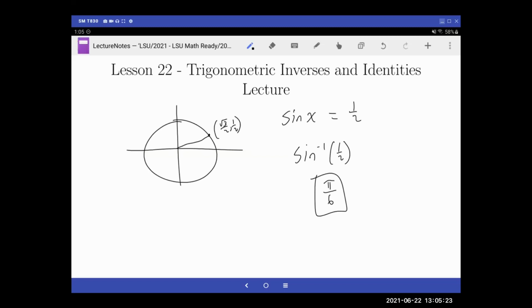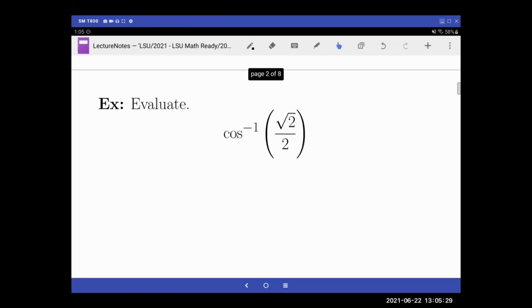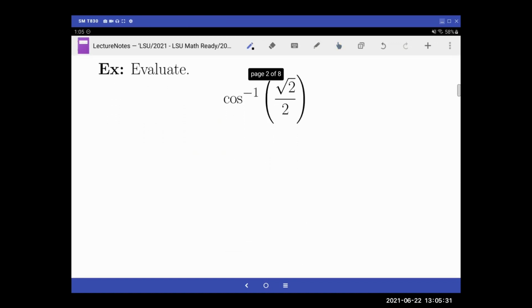Okay, so now let us do some examples here. And we'll start off with finding the value of the inverse cosine of the square root of 2/2. Inverse cosine of the square root of 2/2. All right, so we want to picture the unit circle.